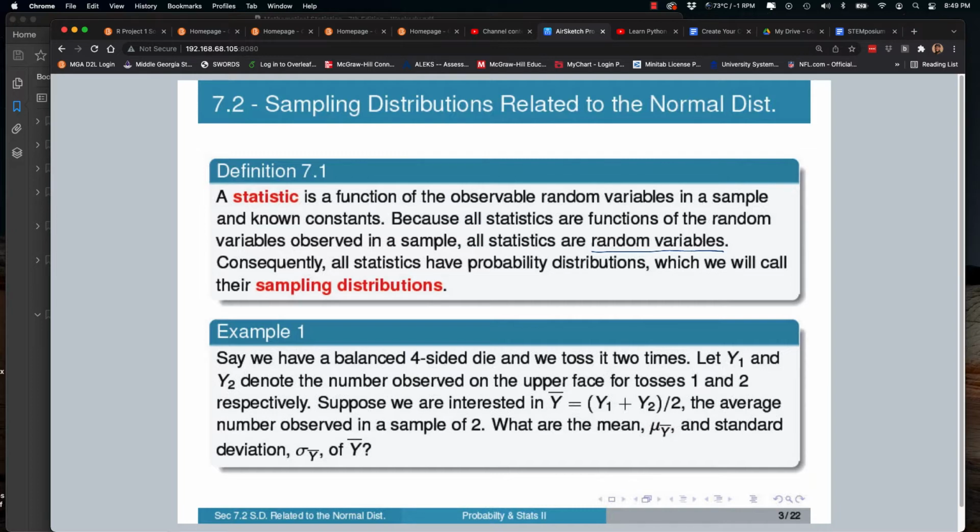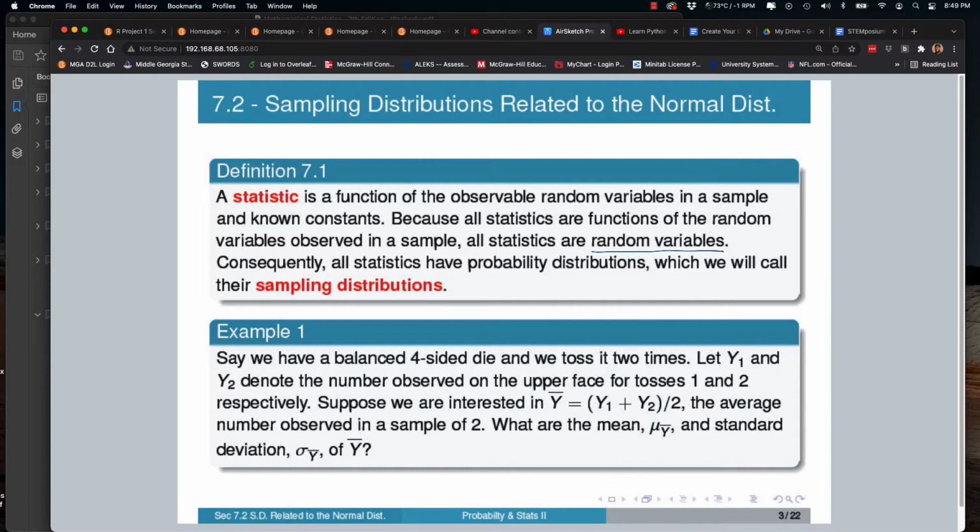Okay. So the first example I want to do is more of a precursor to what we do with the sampling distributions. What I want to do with example 1 is showcase a situation where we have samples taken, in other words, we're not just pulling one item out of a population. We may be sampling 2 items out of a population in this case.